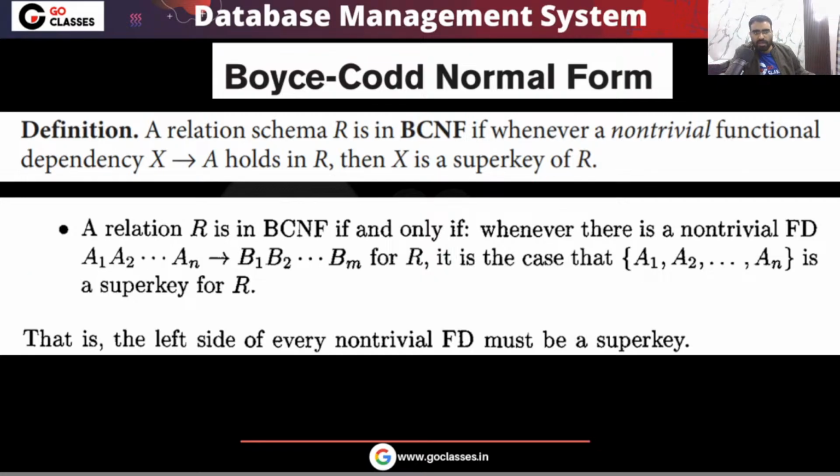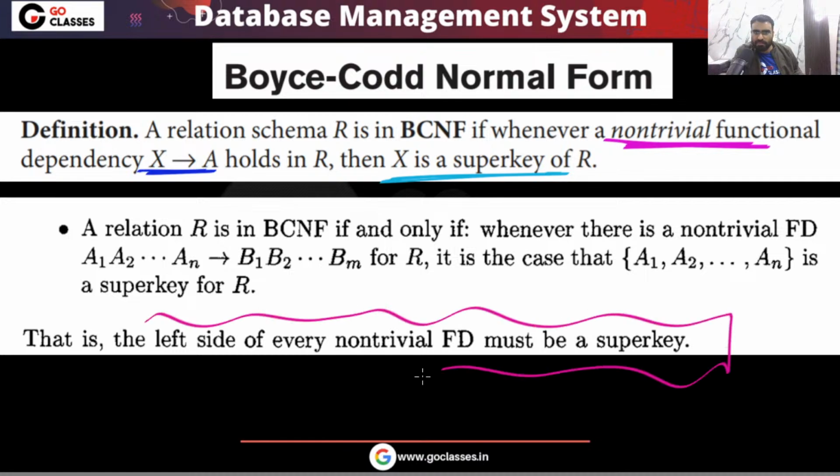Also in the BCNF, whenever there is a non-trivial functional dependency X determining A, then X will be a super key. Remember this point: in the BCNF, the LHS of every non-trivial functional dependency is a super key. So functional dependencies can never create redundancy in the BCNF.